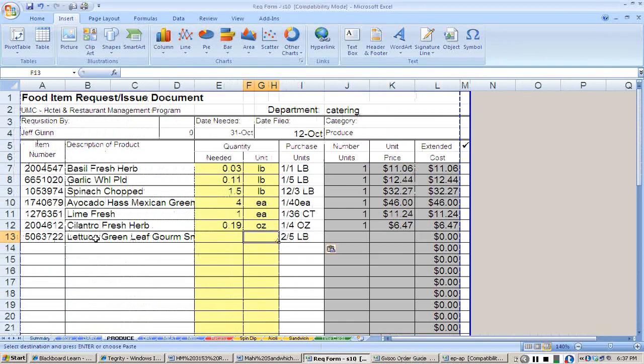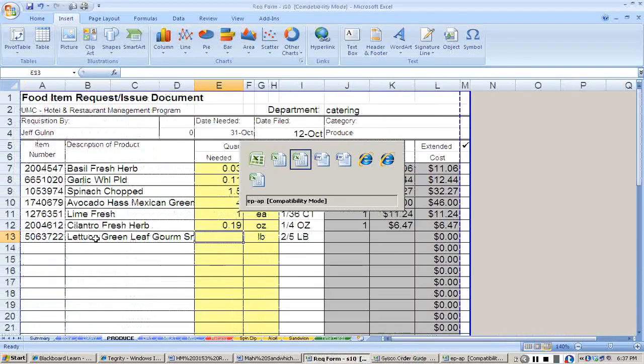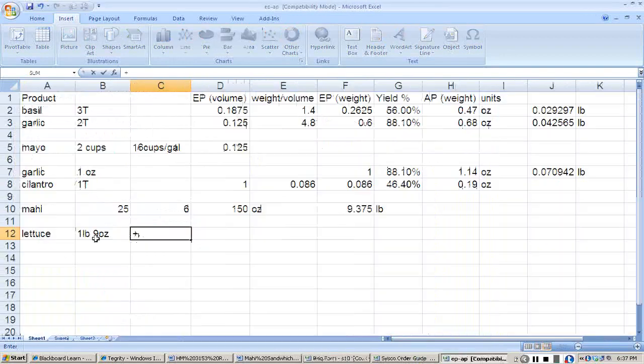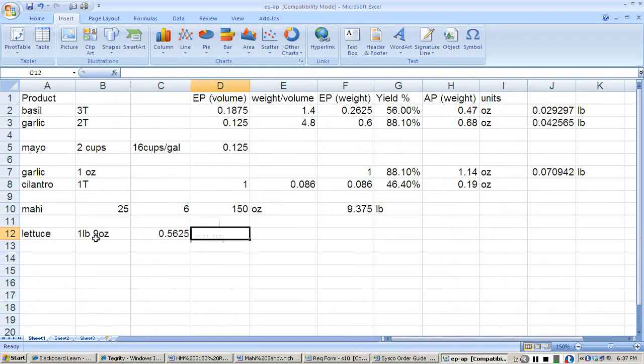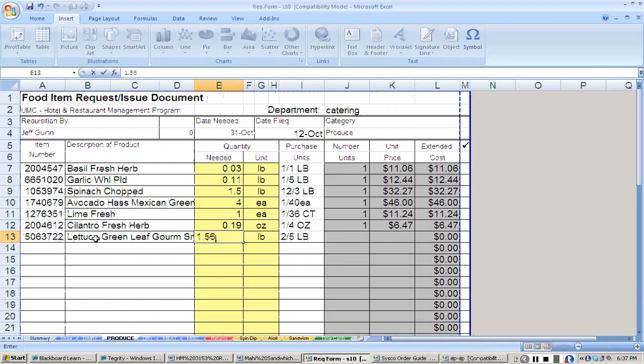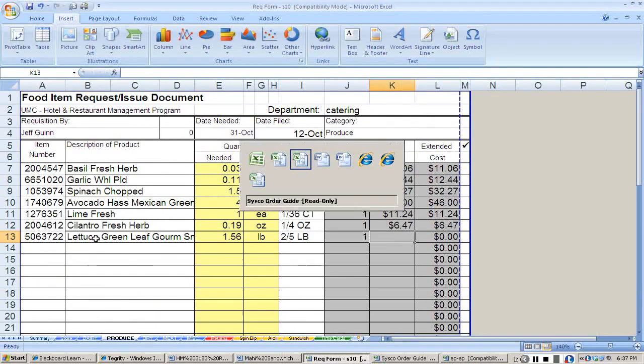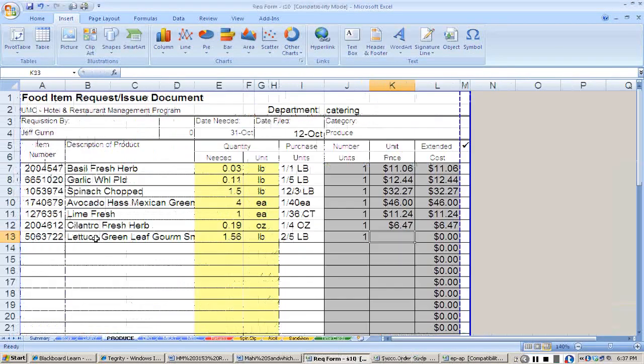So this needs to be in pounds only, no ounces. So in this, plus 9 divided by 16 is 0.5625. So we have 1.56 pounds. Only going to buy one, and that one costs us $21.85.